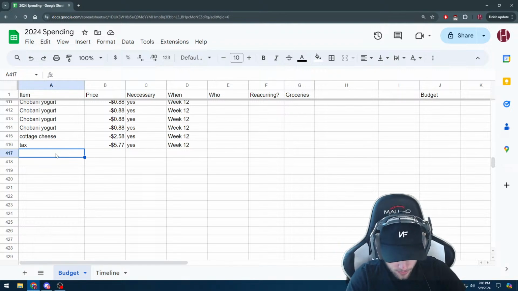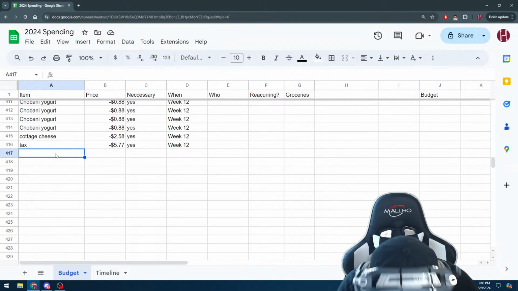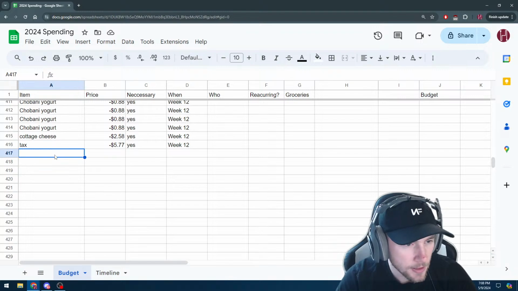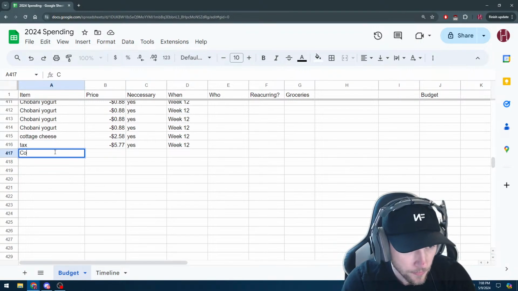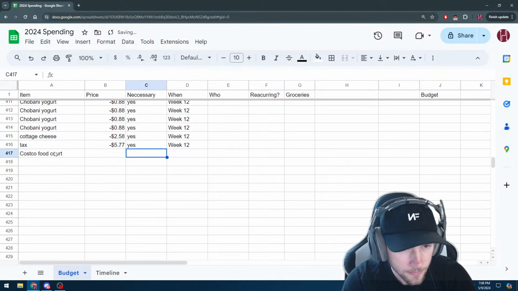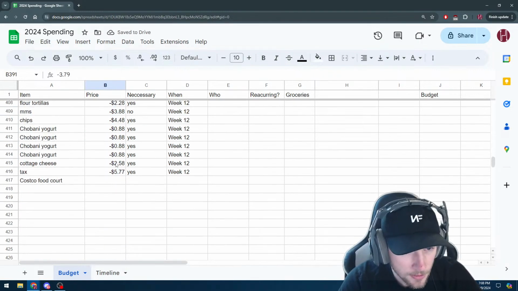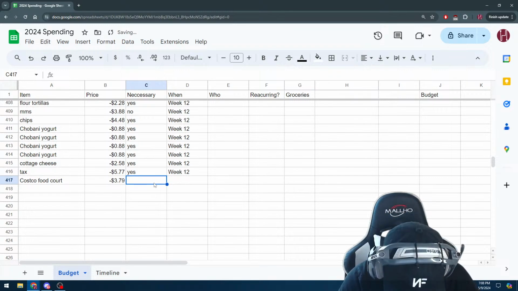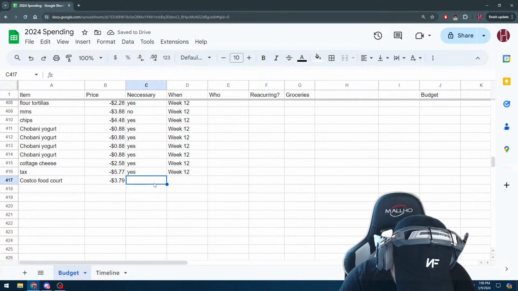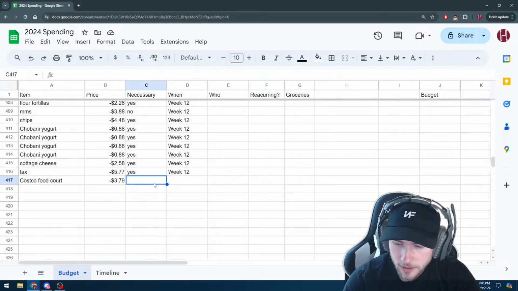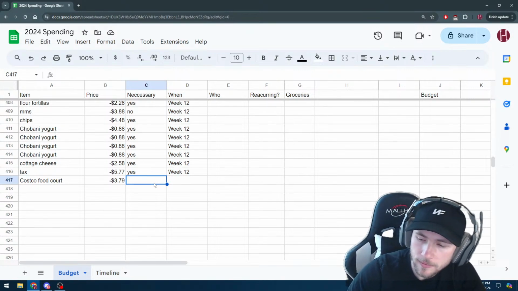Alright, let's... We have another Costco food court, which we'll just grab this number because it's almost always the same when you get the hot dog and soda and pizza.